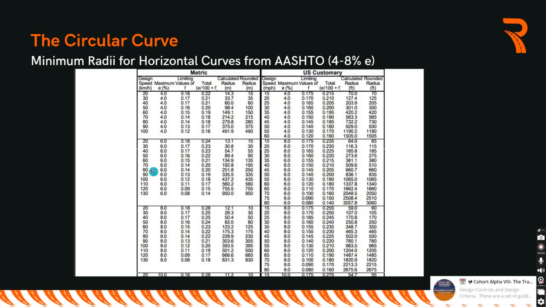But look here, if you increase the super elevation from 4%, let's say, to 8%, you will notice that this is 50, 80, the same constant coefficient of friction, and when you do the math, you're getting 82 meters. And AASHTO standards recommend that you can work with a rounded radius of 80.